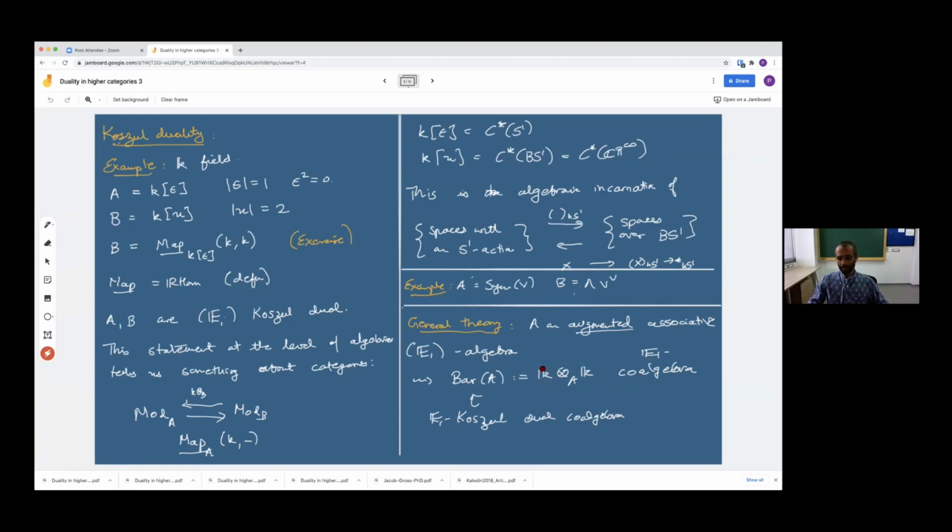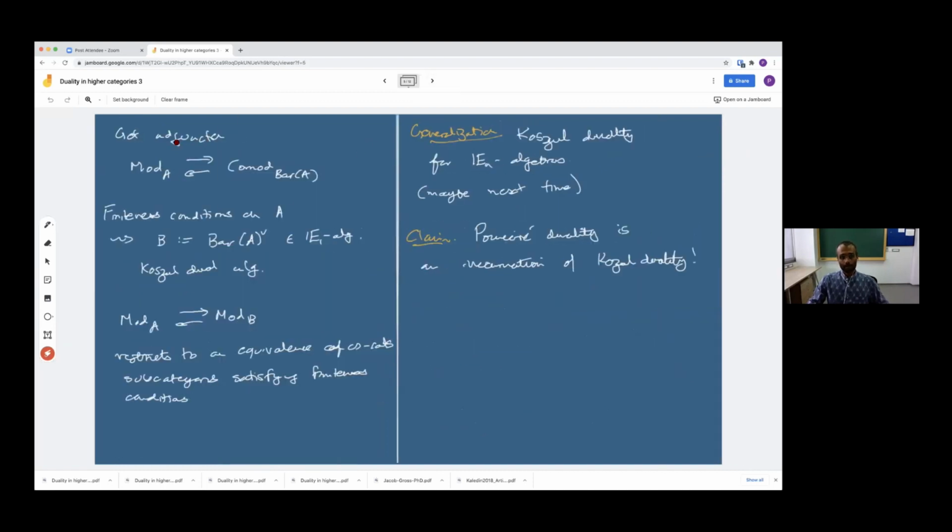And this thing is naturally a coalgebra, an associative coalgebra, which you might call the E1 Koszul dual coalgebra. You get an adjunction formally between modules over A and comodules over this bar of A. Now, if you have some finiteness conditions on A, then you can dualize bar A to get an algebra B, since the dual of a coalgebra will be an algebra.